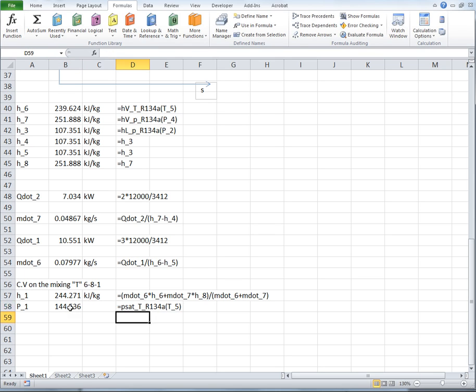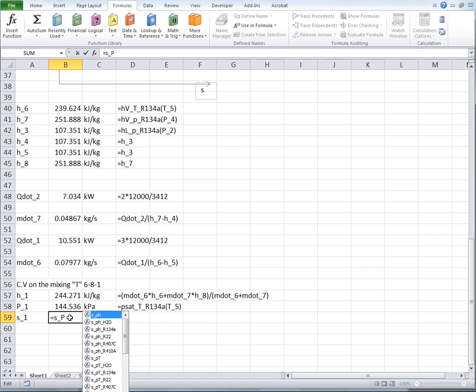So that's an oddball number right there, and that's not going to be in your superheated tables. So what that means is you have to double interpolate between two pressure levels in your tables to find the pressure of 144.5, and then interpolate again on enthalpy to find the corresponding value of S. But with these Excel add-ins, there's a function that gives me the entropy as a function of the pressure and the enthalpy for refrigerant 134A.